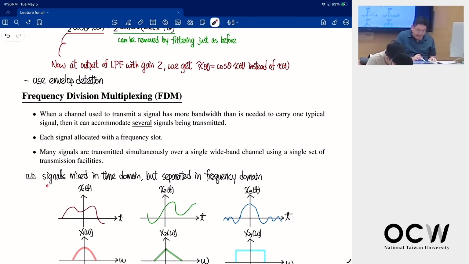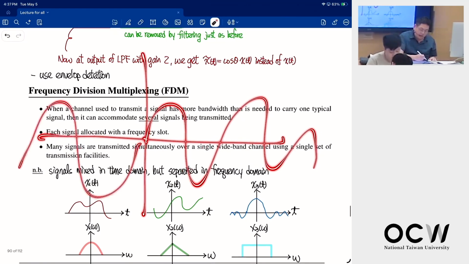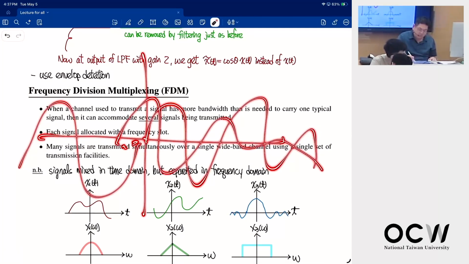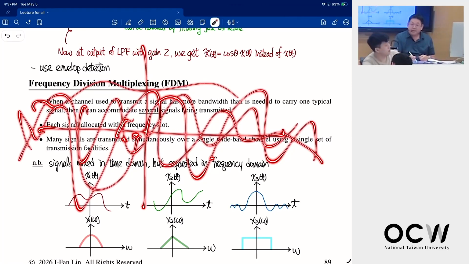So in the time domain, I may have a sine signal and a cosine signal, and some noise or something. In this case, in the time domain, it is really hard to distinguish which signal it is. So we can use frequency division multiplexing.